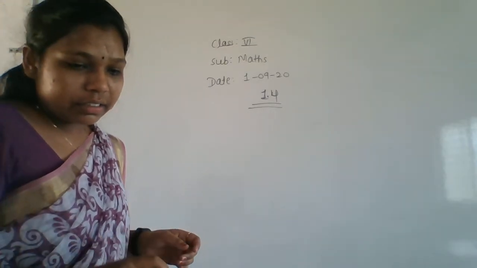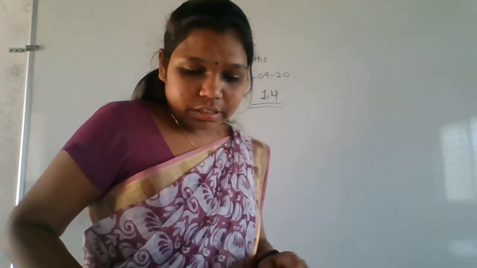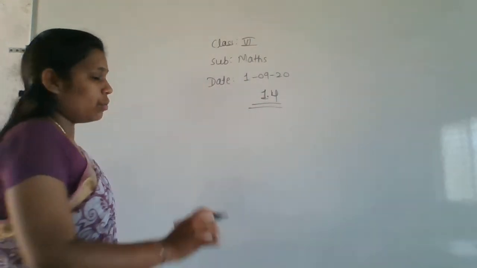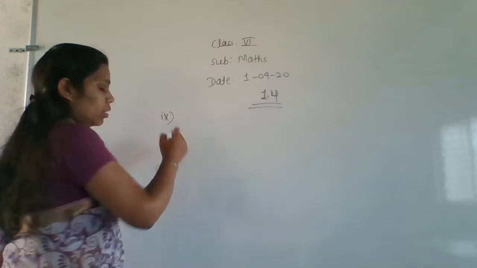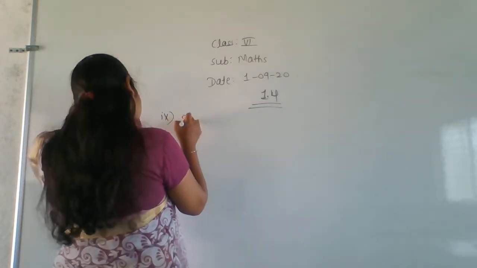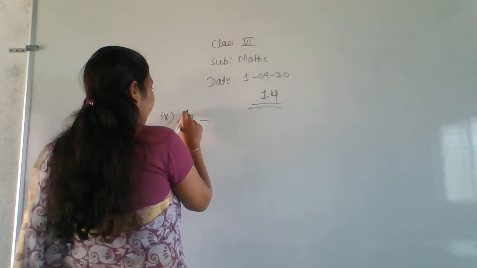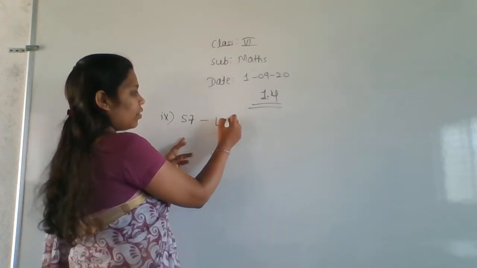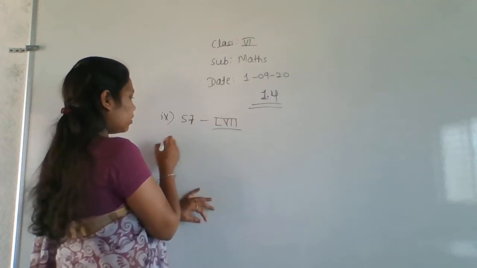Which one? 42 is over, no? Yes, ninth one now. 57 is given. 57. 50 means L. After that 7. 57.